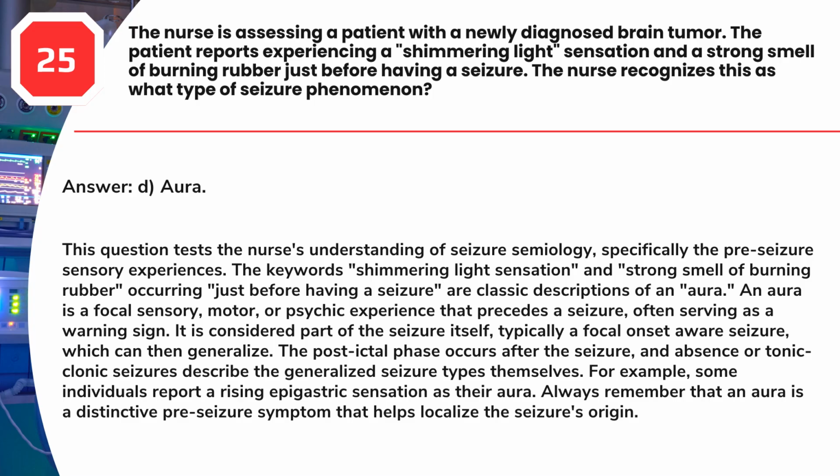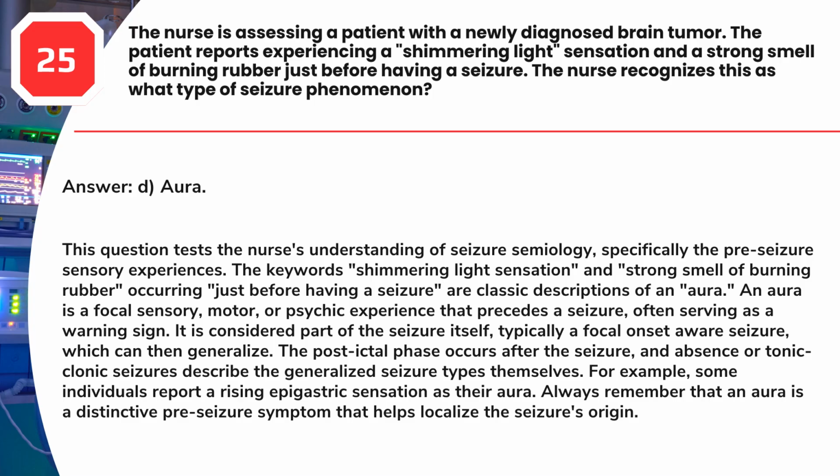This question tests the nurse's understanding of seizure semiology, specifically the pre-seizure sensory experiences. The keywords shimmering light sensation and strong smell of burning rubber occurring just before having a seizure are classic descriptions of an aura. An aura is a focal sensory, motor, or psychic experience that precedes a seizure, often serving as a warning sign. It is considered part of the seizure itself, typically a focal onset aware seizure, which can then generalize.